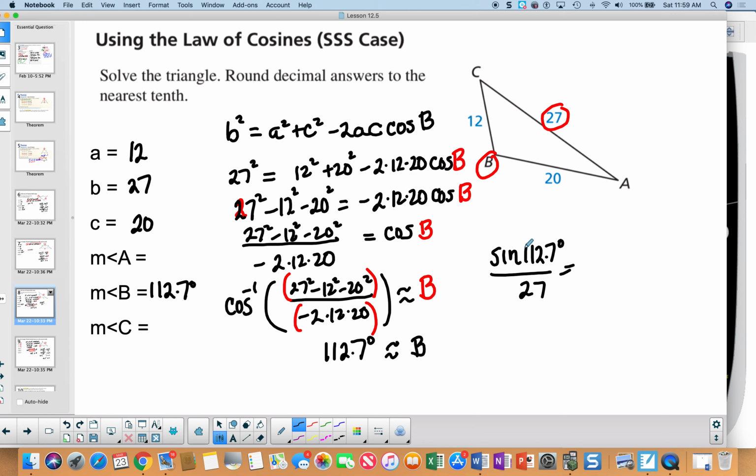And then we can find angle A, sine of A, all over side A, which is 12. And I'm going to assume that you can solve that. And when you do that, A will be approximately 24.2 degrees. So A is 24.2 degrees, and I'm going to assume you can get the rest.